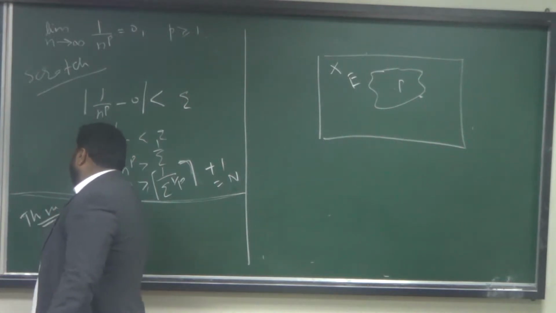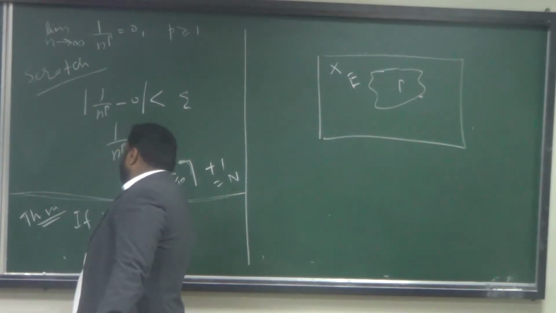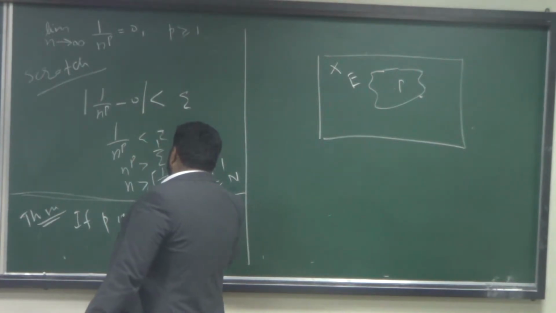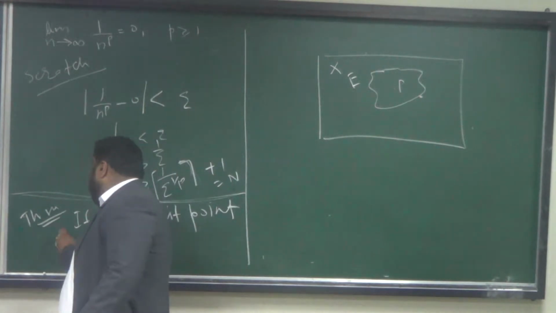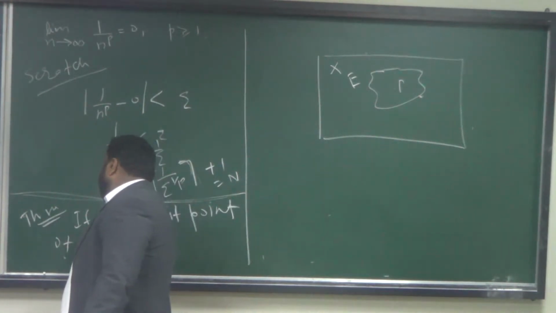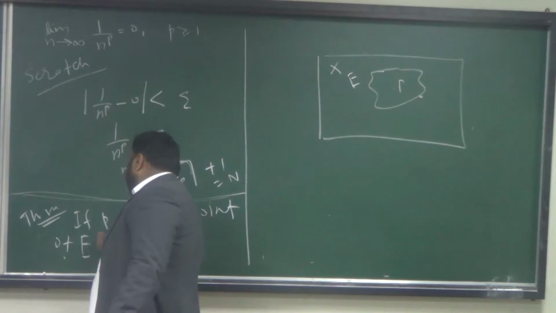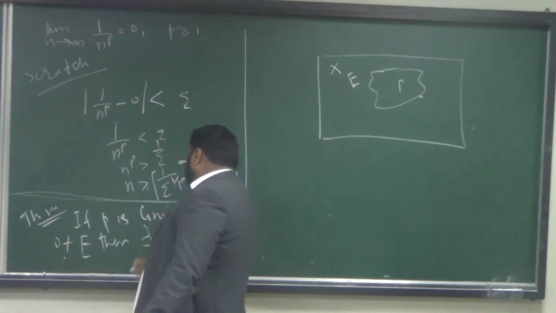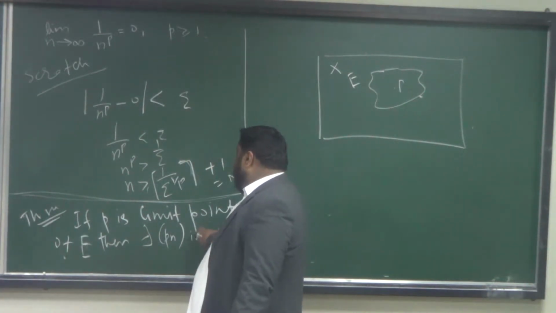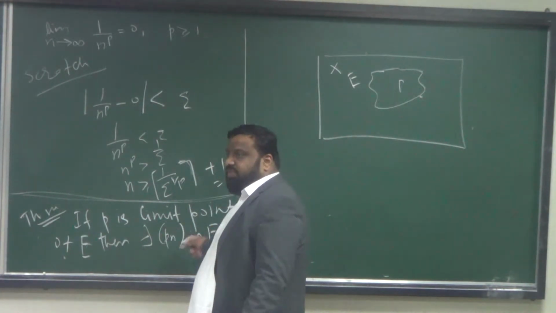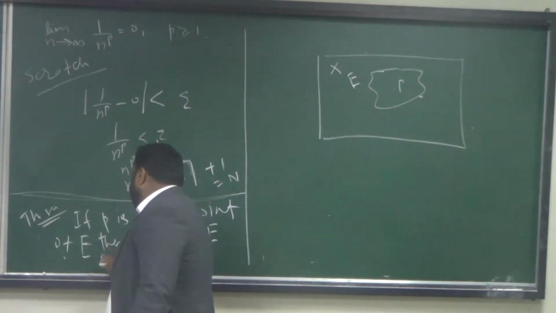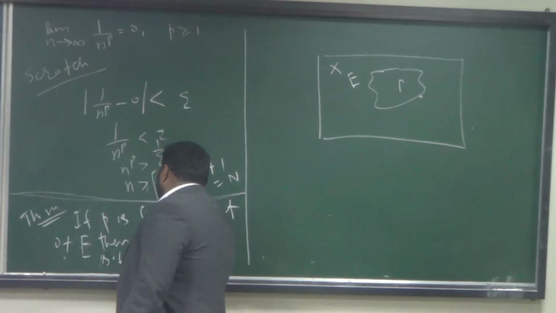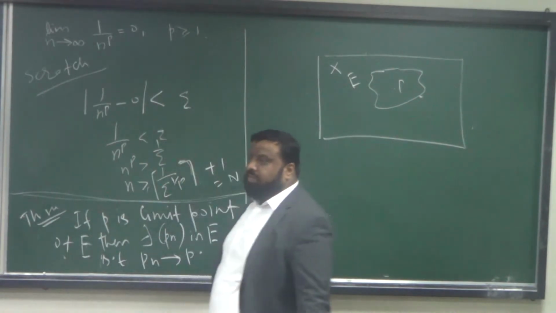It says that if P is a limit point of E, then there exists a sequence Pn in E, so all of the terms of the sequence are from E, such that Pn converges to P.